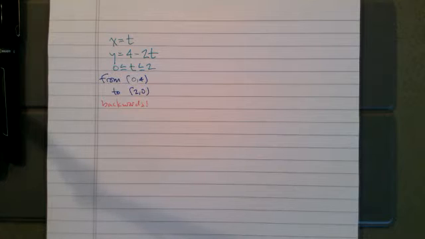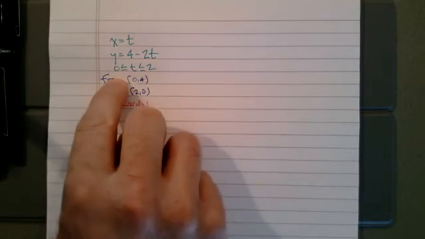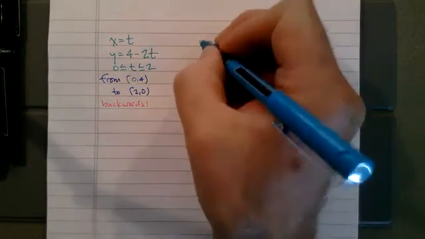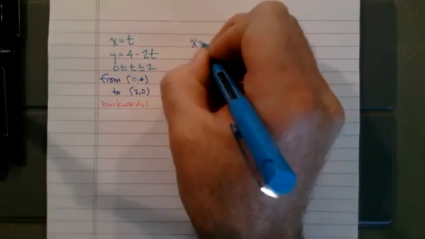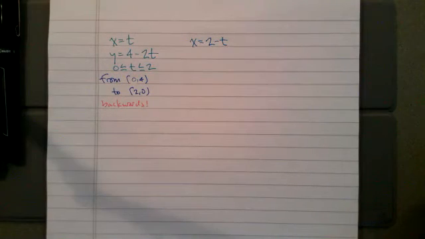So let's flip the x's around and see what happens. I'm going to replace x, not with t. If I want the x's to go from 2 to 0, then I can just flip this around and say that x is 2 minus t. This will turn the x's around.